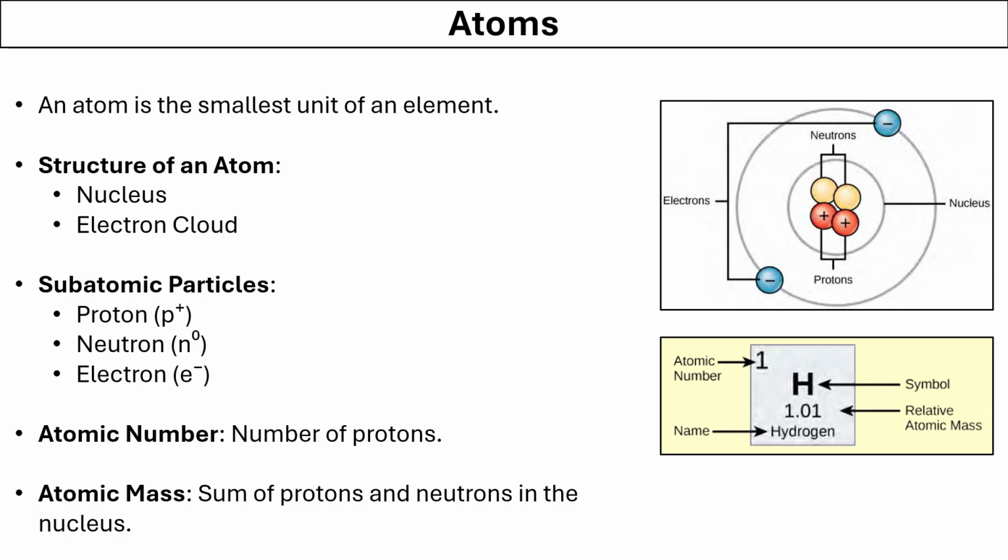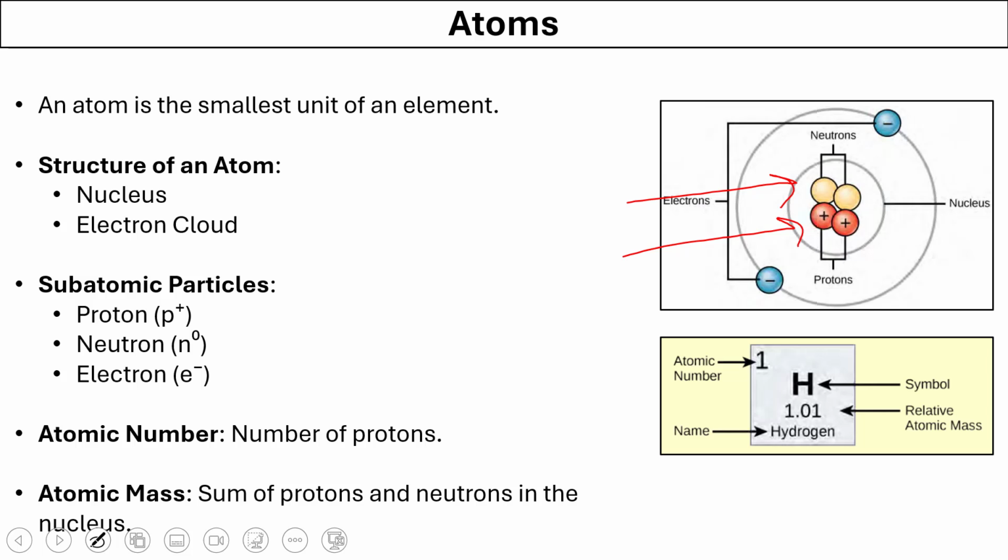You can combine atoms and make several different things, and that's what we're going to talk about in upcoming lectures. The atom in its core has a nucleus, and the nucleus contains protons and neutrons. Protons are positively charged and neutrons are neutral. And around this core, the nucleus, are electrons that are constantly spinning, and these electrons have negative charge.